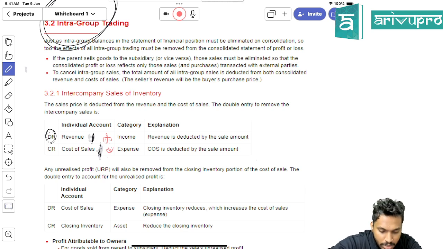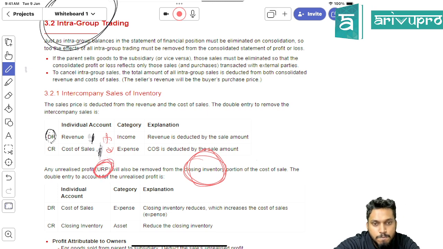Then, if there are any closing inventories remaining, what you need to do? You need to calculate unrealized profits. You know what unrealized profits are, right? So if any inventories are remaining, you already know.